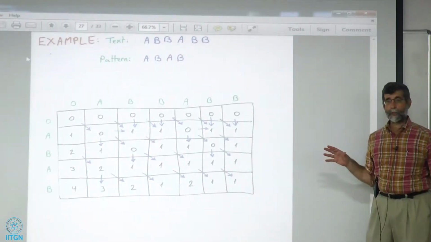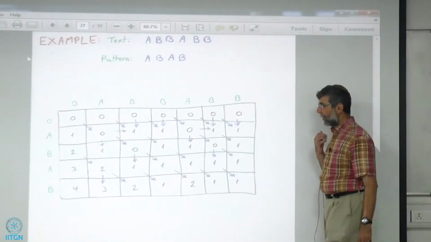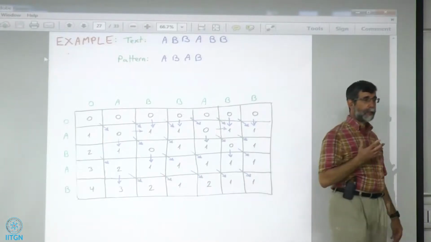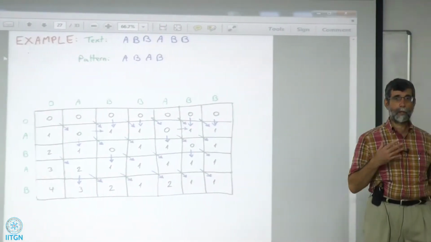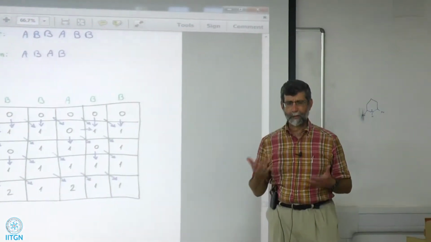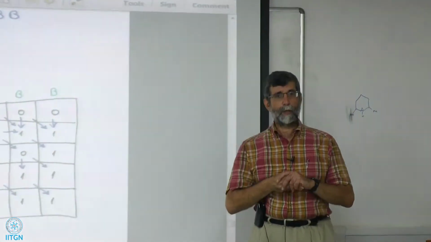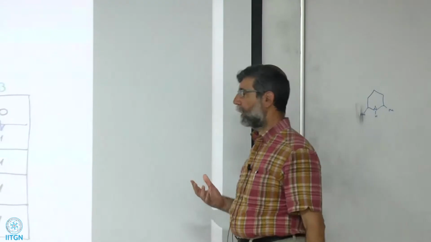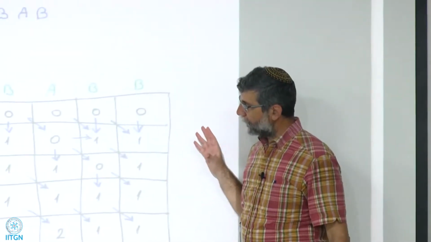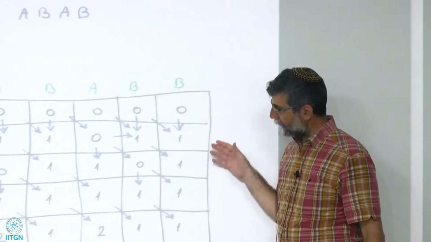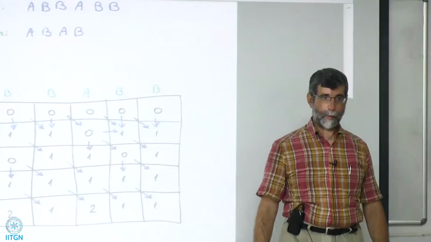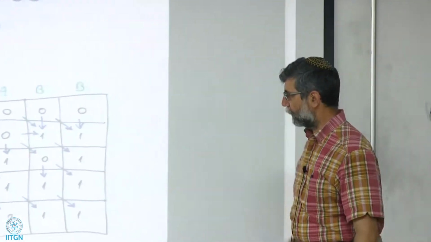And Galil asks, okay, now I only allow you K errors. If I only allow you K errors, can you do this in time O of NK? Well, how can I do that? Now, here comes the beautiful idea that Gadi Landau had. He said, let's look at this dynamic programming matrix.